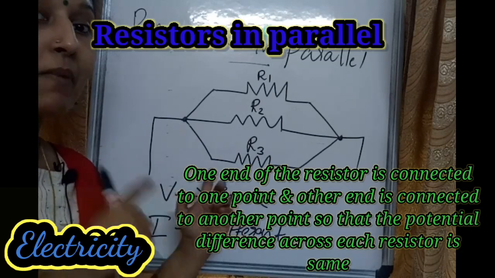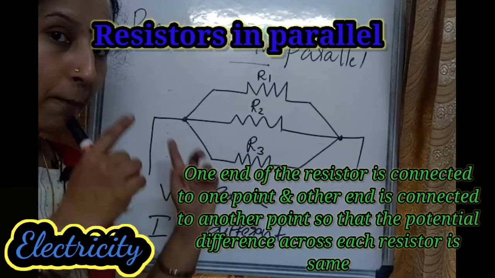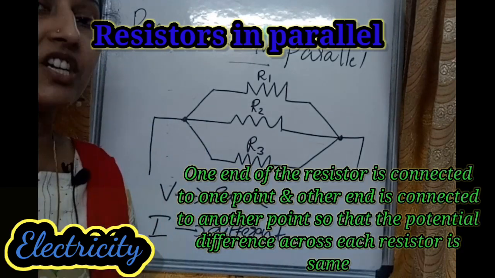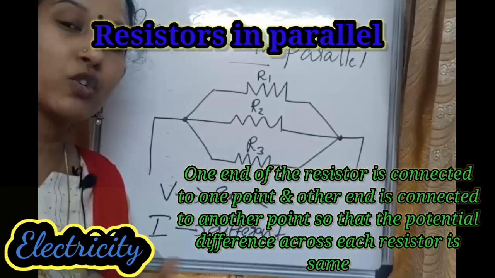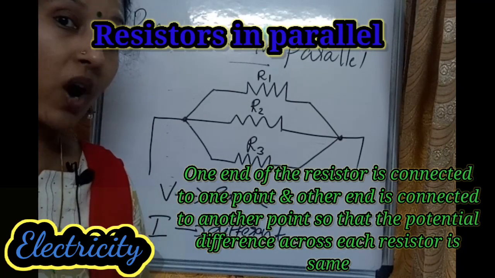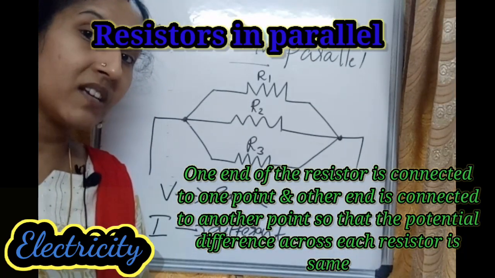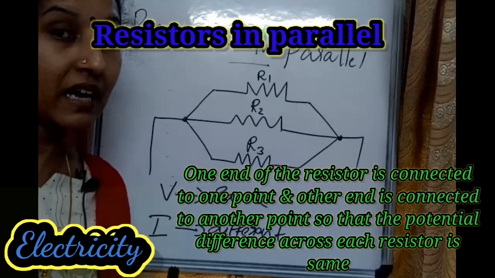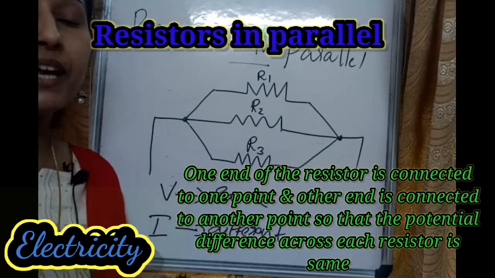So what is same in parallel connection? Potential difference is same and I is different. If potential difference is same, it means I is different. So what is same in series connection? In series connection, I same, V different. But in parallel connection, V same, I different.